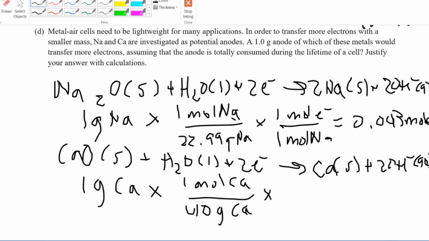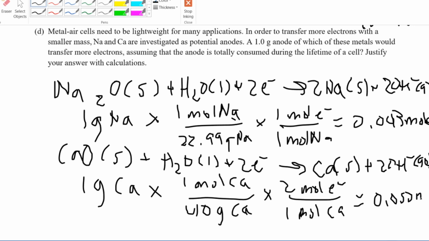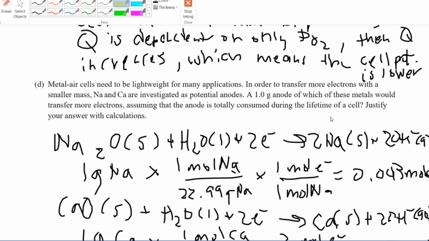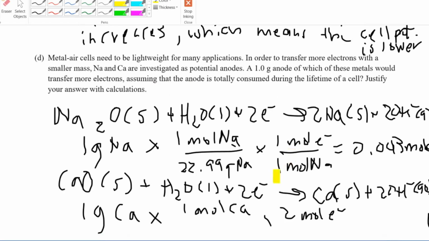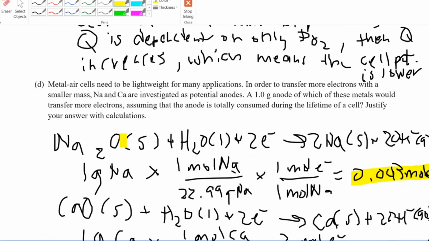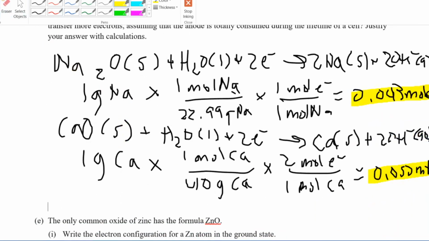And if we look at the equation above, for every 1 mole of calcium there are 2 moles of electrons, which in the end should give us about 0.050 moles of electrons. So what the question is asking is, of a 1 gram anode of which of these metals would transfer more electrons. Clearly, calcium is transferring more moles of electrons, which must mean the answer is calcium.